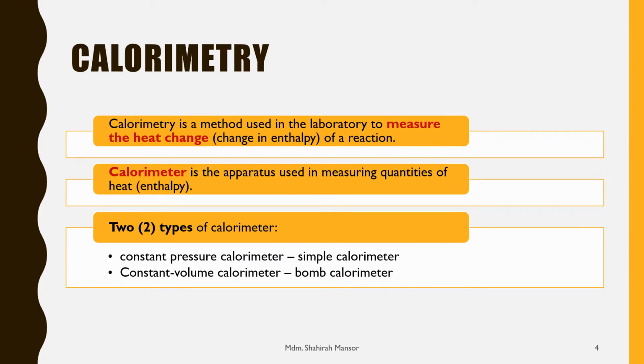In the previous lesson, you have learned the definition of a few enthalpies such as enthalpy of formation, enthalpy of combustion, enthalpy of atomization, enthalpy of neutralization, and many more.